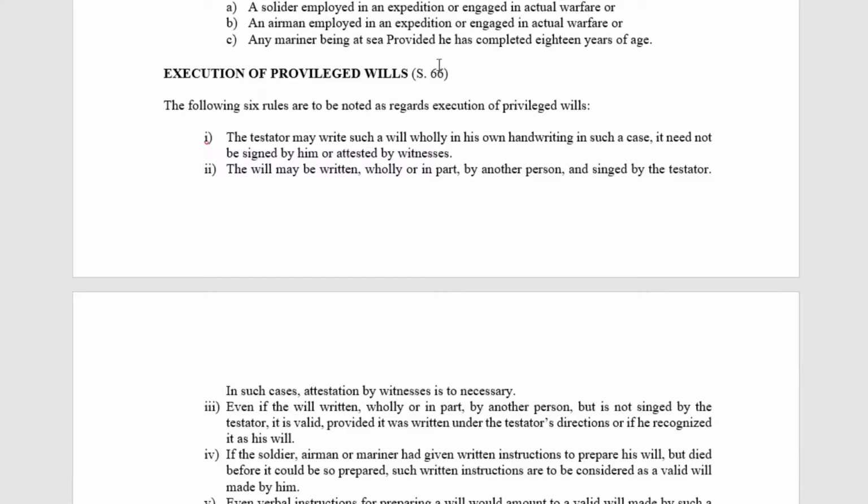There are 6 rules with regard to the execution of the privileged will. The first one is that the testator may write such a will only in his own handwriting. In such a case, it need not be signed by him or attested by witnesses.